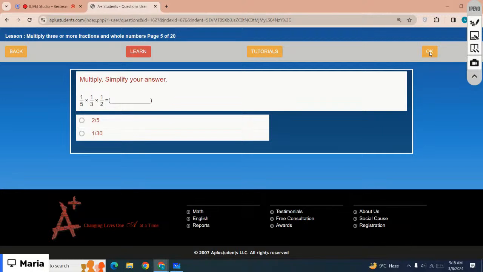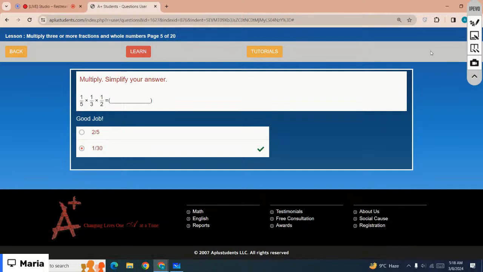Which is the correct option? Yes, the correct option is 1 over 30. Option number 2 is the correct option. Very good.